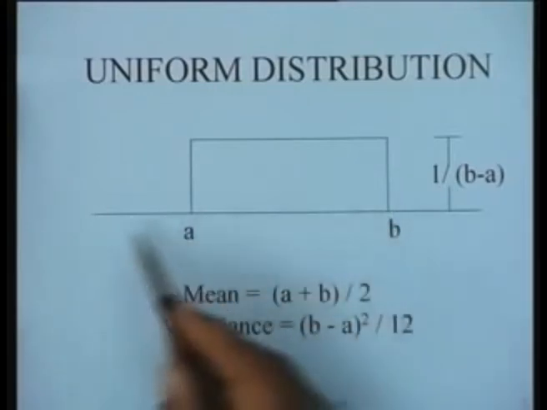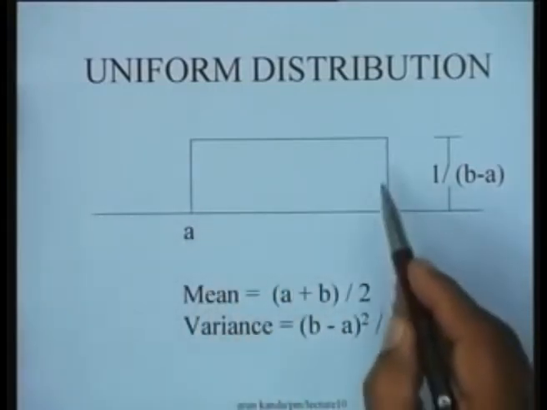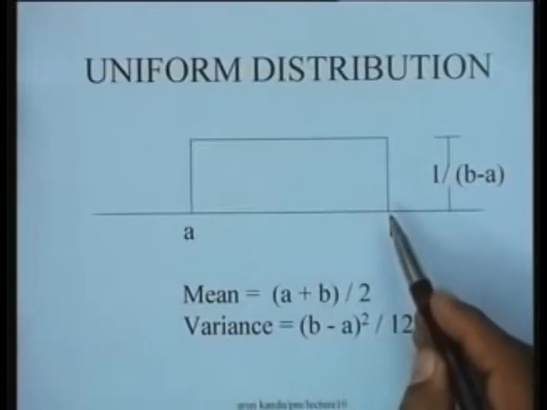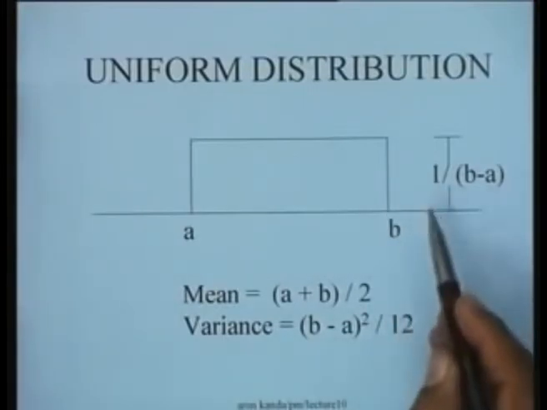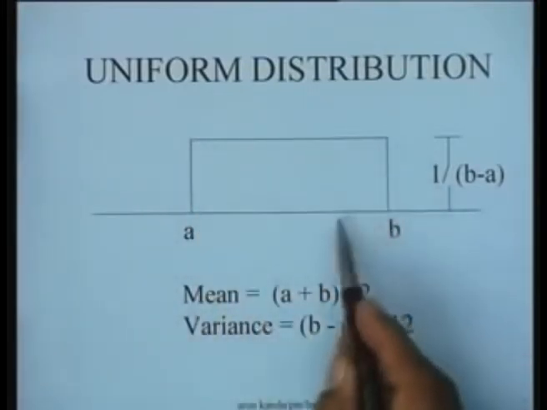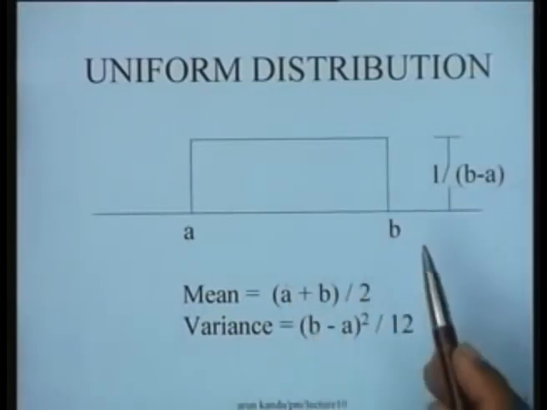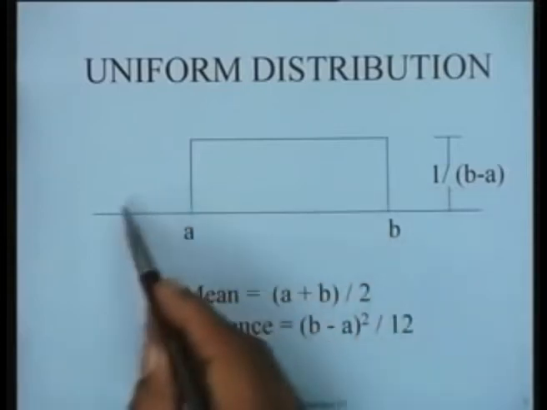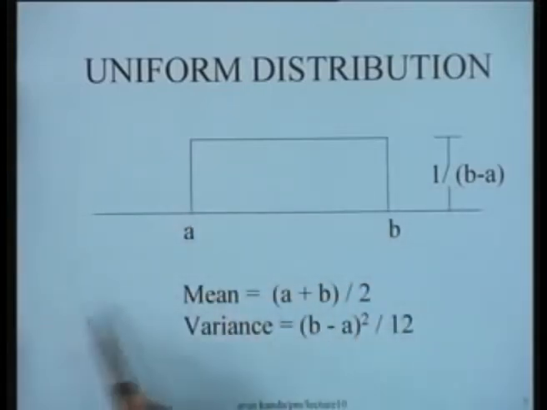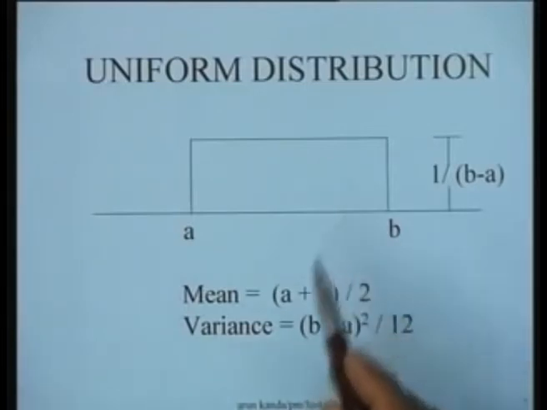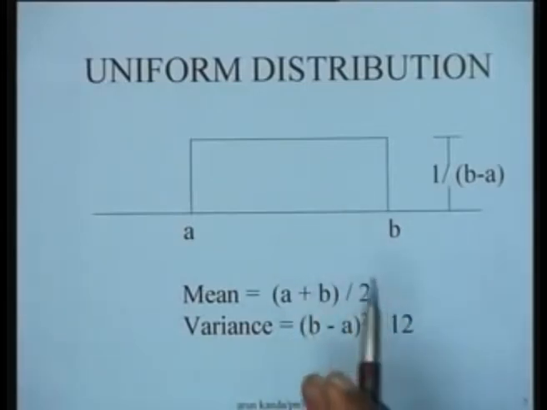So the probability density function of this distribution would be a simple rectangle of this shape, and you can see that because the area is 1, this particular height of the rectangle would be 1 upon b minus a, and therefore the PDF of this distribution is completely defined. The mean of this distribution is simply a plus b by 2, and the variance is b minus a whole square by 12. And these results could be utilized if we were to use a uniform distribution instead of a beta distribution.